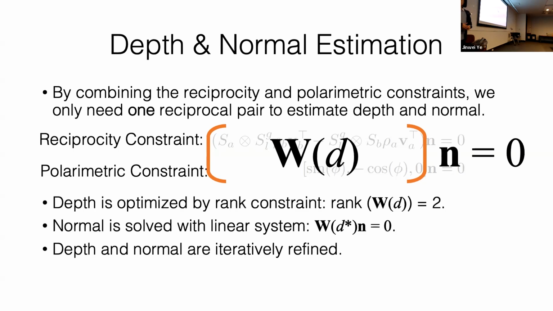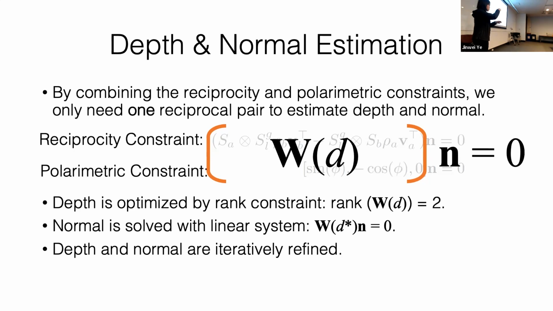First of all, we use the rank 2 constraint for optimizing the depth, and then with some depth estimation, we plug it back in for solving the normal, and we do it in an iterative way. I shouldn't say that the direction is calibrated, because in calibration we can only calibrate the position.